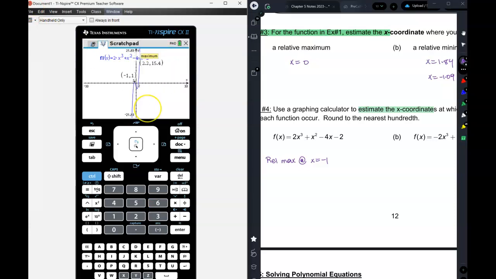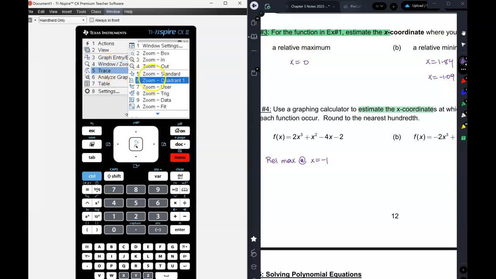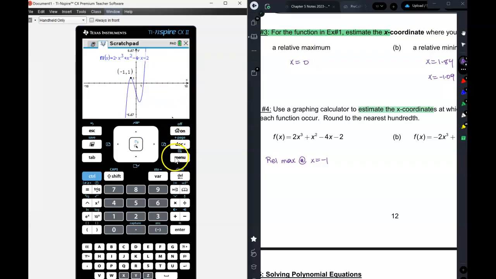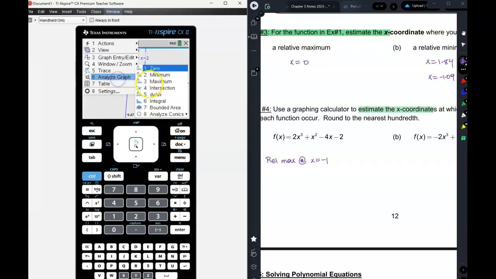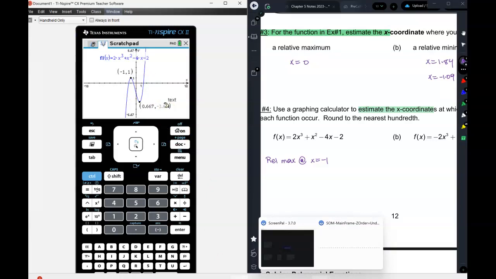Whoops. Wait, what just happened here? Yeah, that happened to mine too. Let me go to Window Zoom. Let me go back to the standard zoom. Okay, let me do it again. Menu, analyze graph, minimum. Okay, I wonder if it's because I clicked accidentally on the y-axis, and then when I dragged it, I don't know.